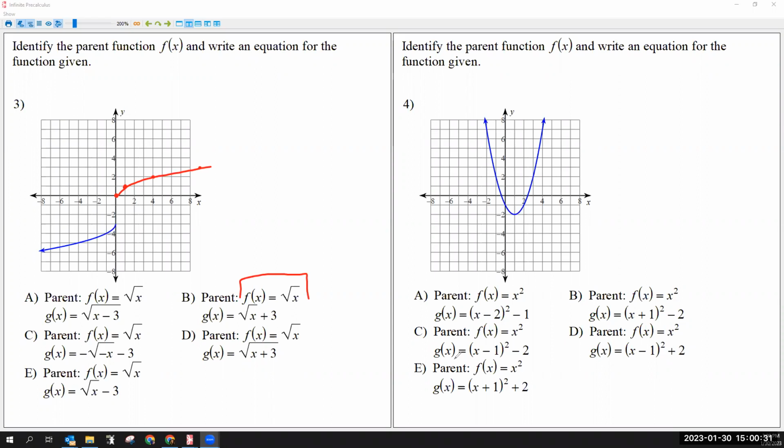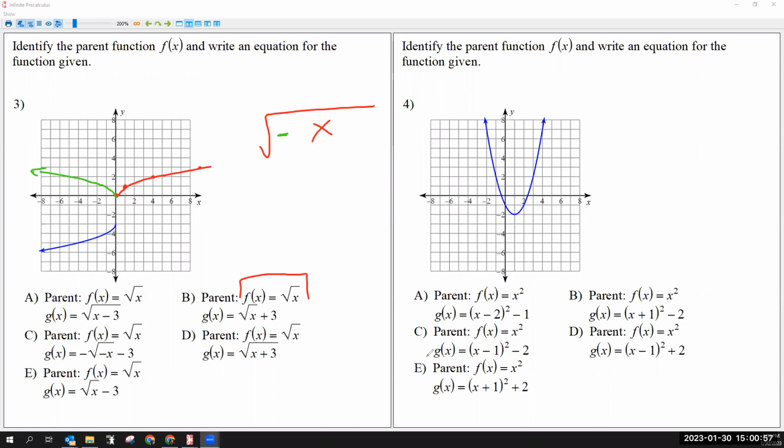So if I reflected about the y-axis, let's try that. That would be reflecting across the y-axis. I'm going to try to keep up with these transformations. So I've reflected about the y-axis, so negative inside, but that's not enough. It pointed it to the left, but the shape is wrong.